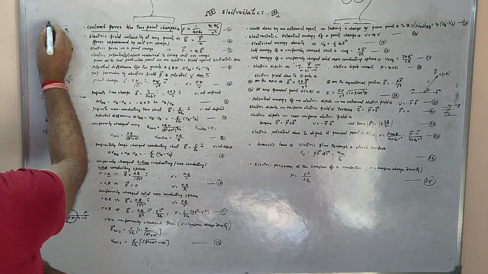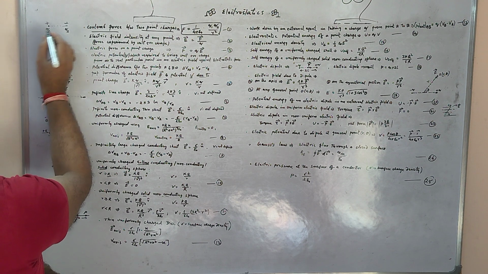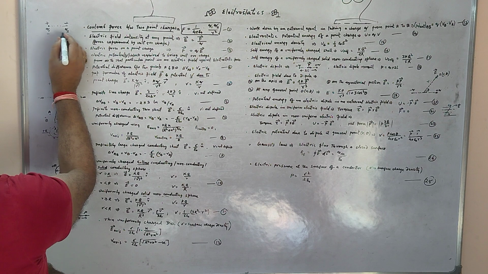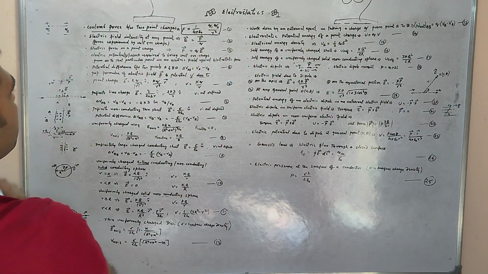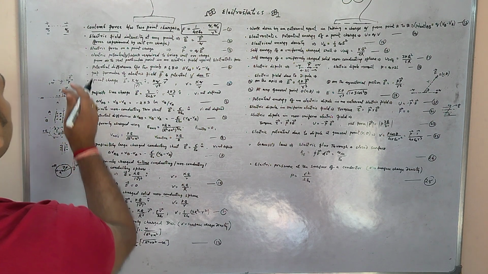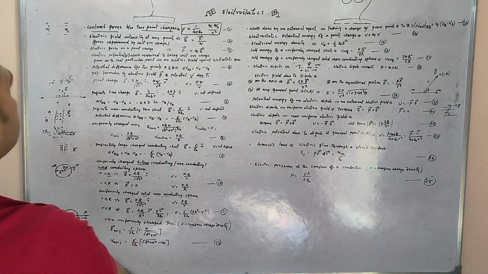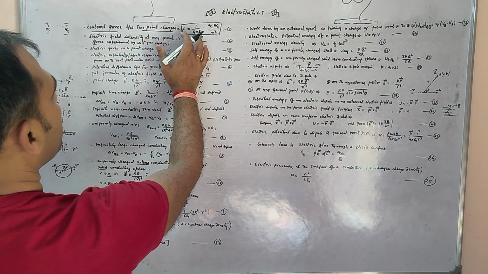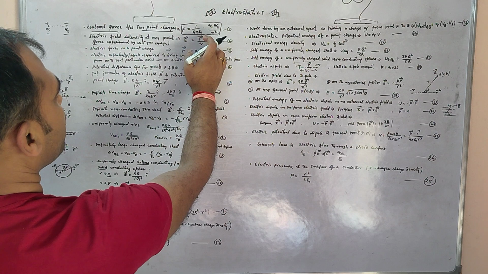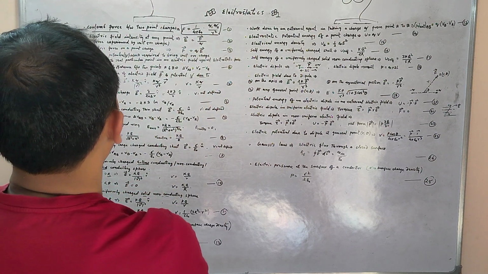If both are positive then they will repel each other, if both are negative then they also repel each other, but if one is positive and one is negative then they will attract each other with force equal to 1 upon 4 pi epsilon naught q1 q2 by r square.